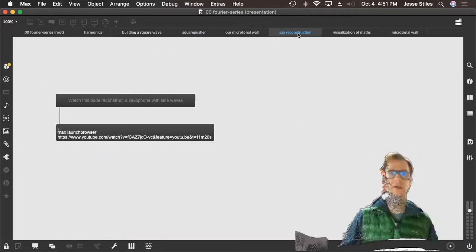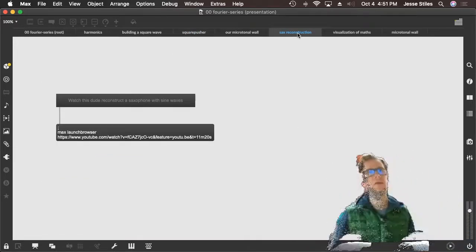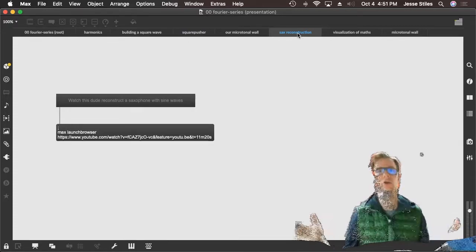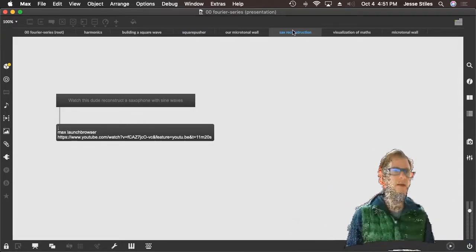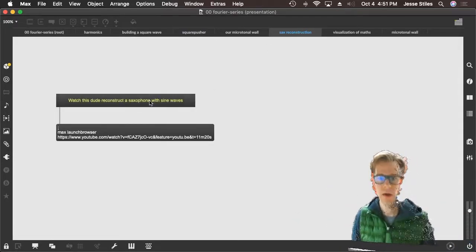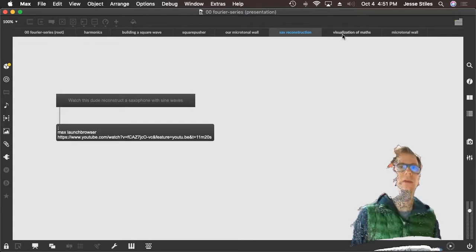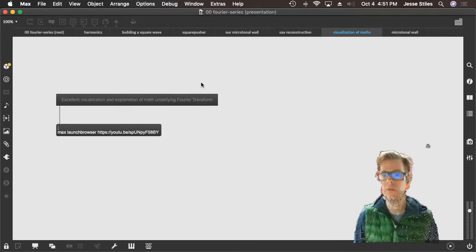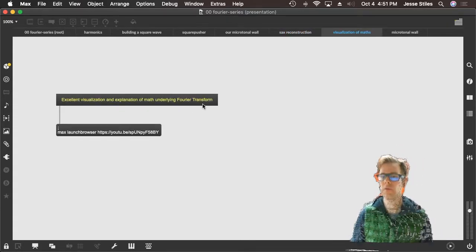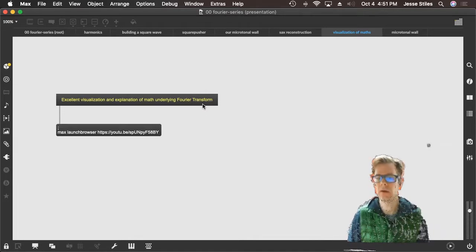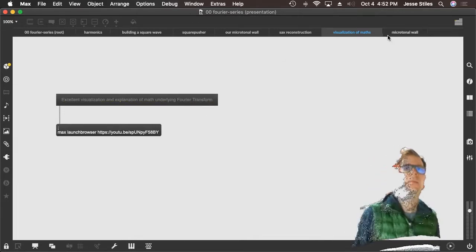So there's some links that you can see underneath this video to other things on YouTube that demonstrate this idea. This is a lecture in which somebody's going to reconstruct a saxophone sound out of individual sine waves. This is a really beautiful visualization of the Fourier transform to help us better understand the math underlying it.